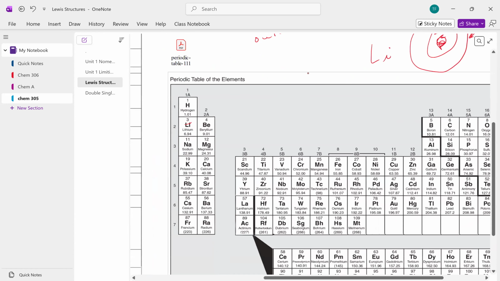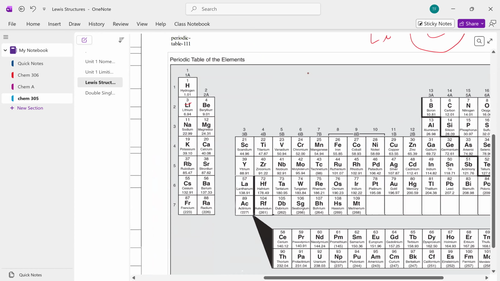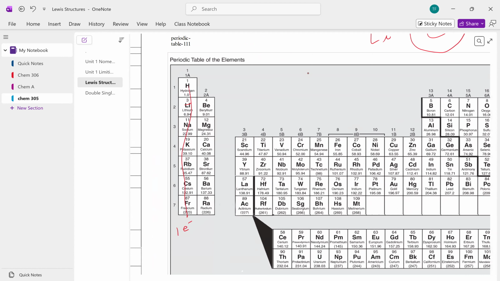Now, if you remember from our periodic table discussion a while back, everything in this group has 1 valence electron.